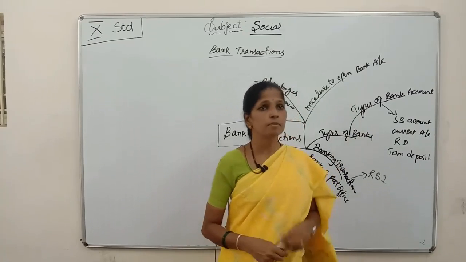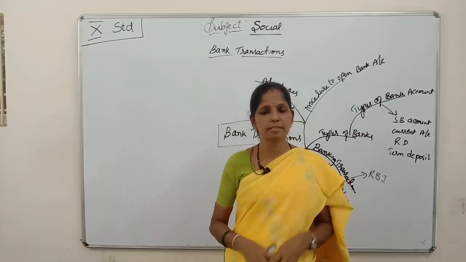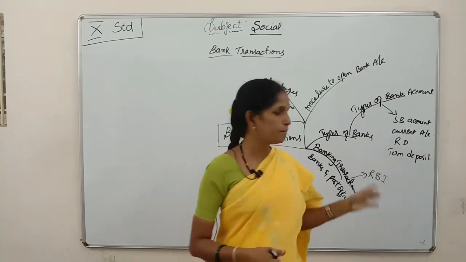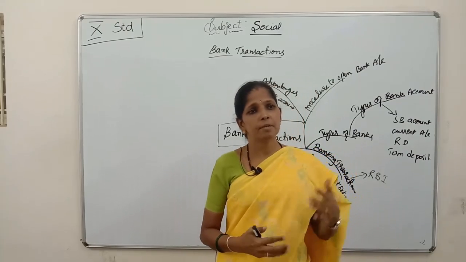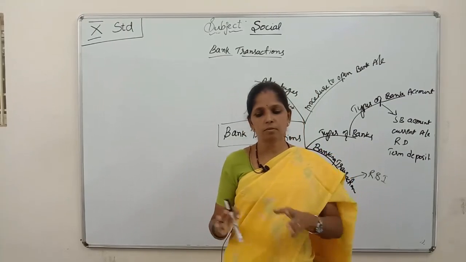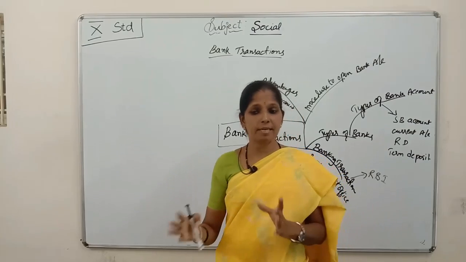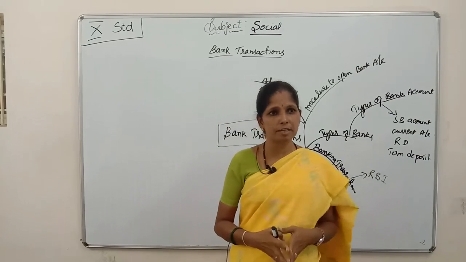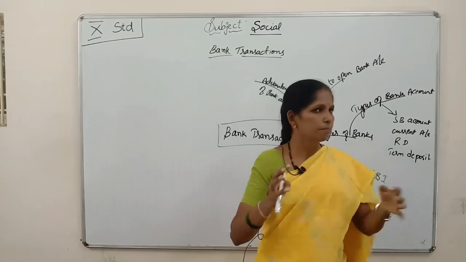And not only that, here we can see some types of banks. There are different types of banks, and each bank is specialized in different types of activities. If you see central bank or reserve bank, or a number of banks, each bank is categorized based on their specialization. Central Bank or Reserve Bank of India is called the RBI or Mother Bank.